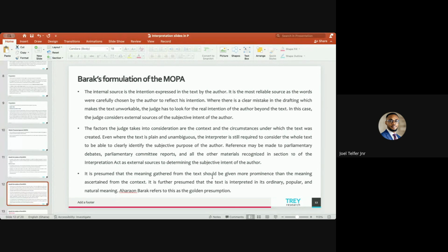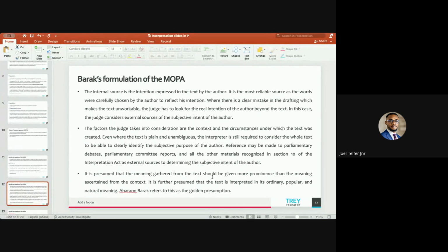However, if the internal sources lead to an absurdity, the judge is required to refer to external sources, and he must take into consideration the generality of the text or the whole of the body of the text to better understand the subjective intent of the lawmaker. And there are other presumptions, and you come to study presumptions, but there are certain presumptions that are allowable in understanding the subjective meaning.